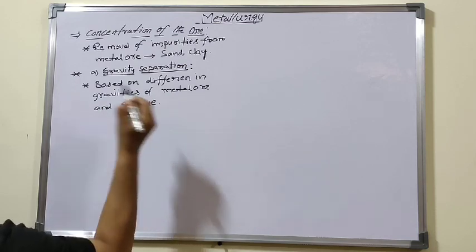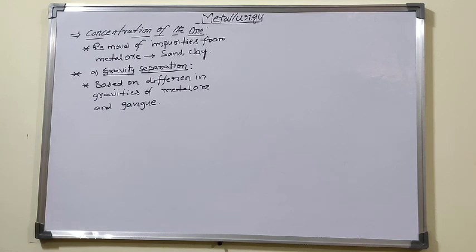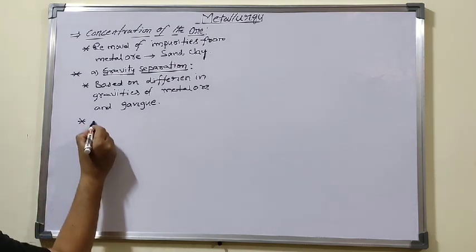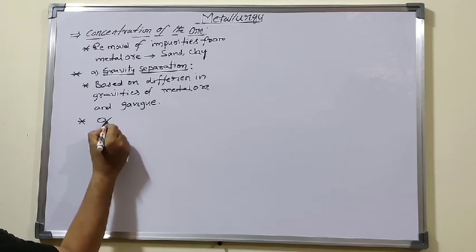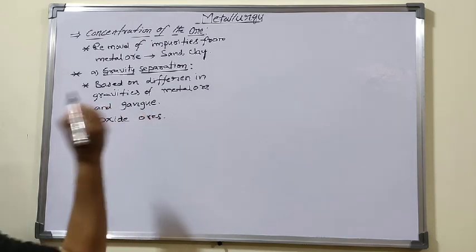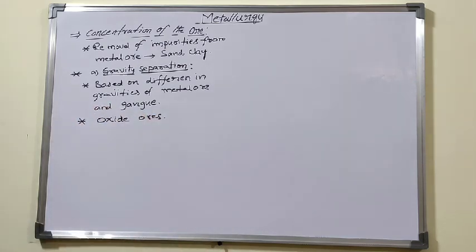Gangue is nothing but impurities. If a gravity difference is there, then we can do gravity separation. This method is generally used for oxide ores. Oxide ores can be concentrated by this method.